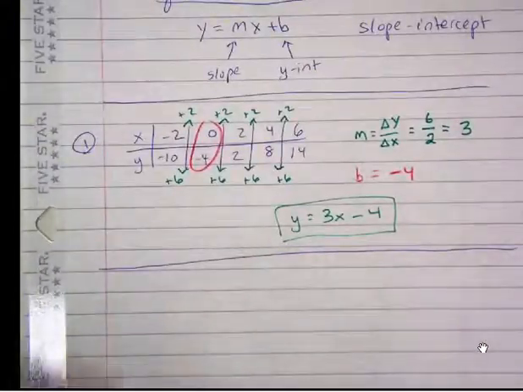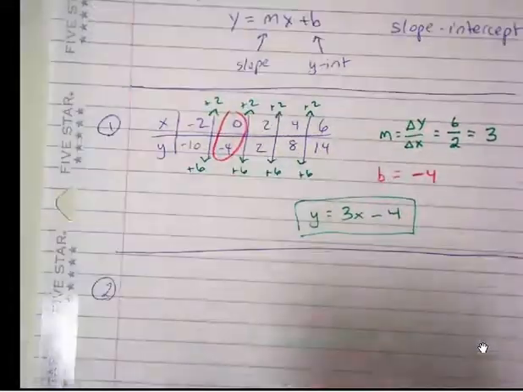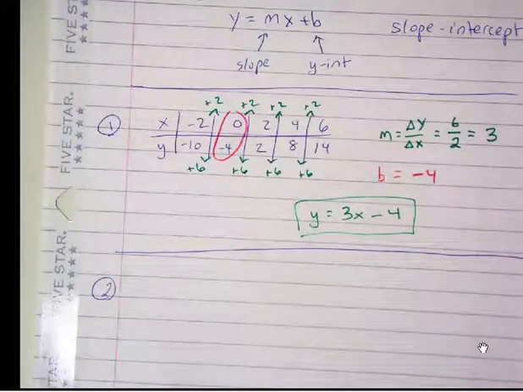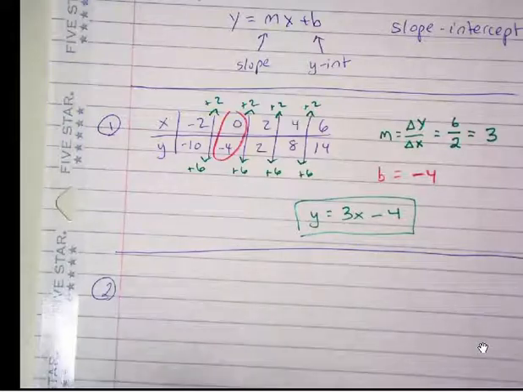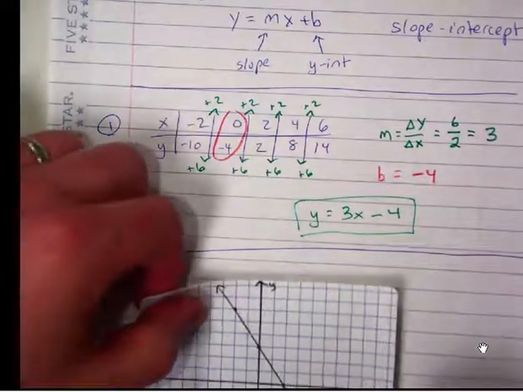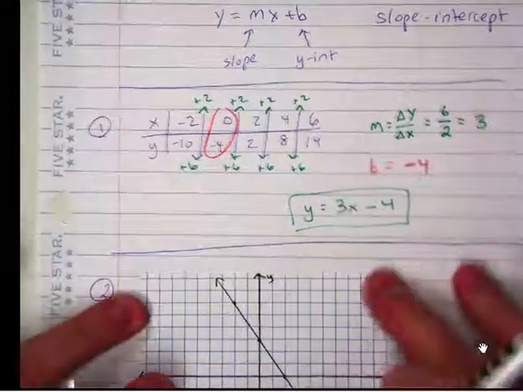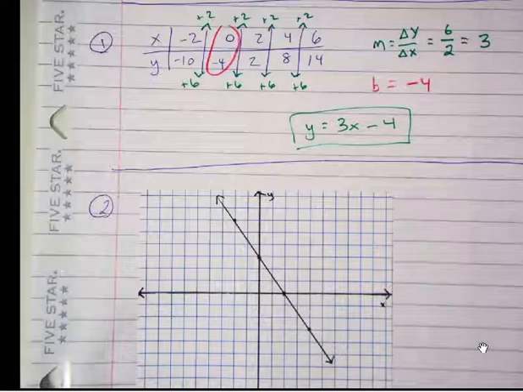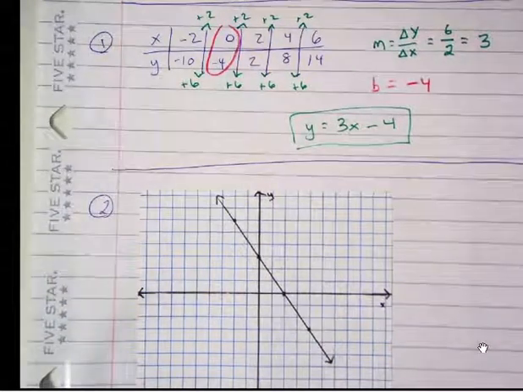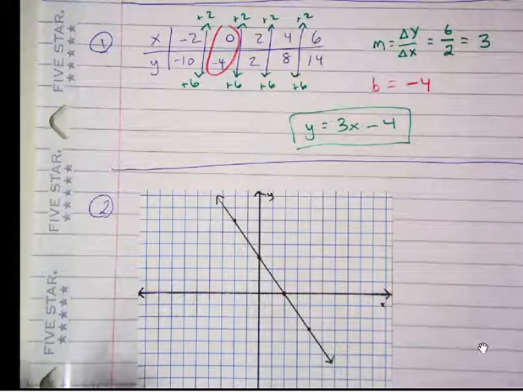Next, what if you're given a graph? Okay, so if we are given a graph that looks like this, the same ideas apply. We need to know the slope and we need to know the y-intercept.